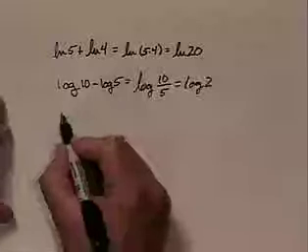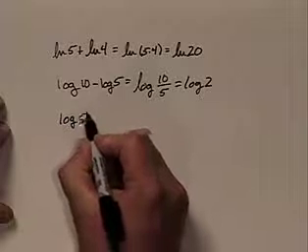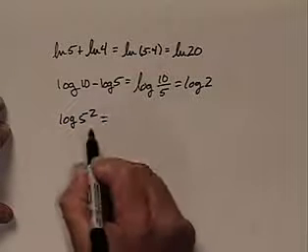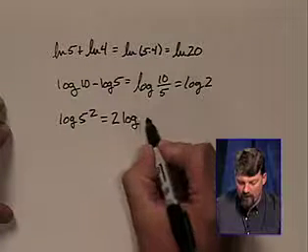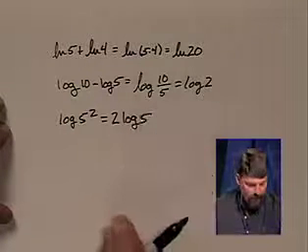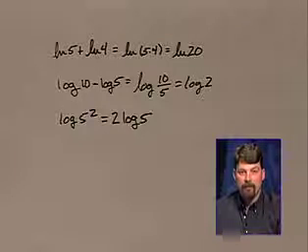Well, let's see if we can show symbolically that they're equal as well using the properties of logarithms. We'll take the log of 5 squared. Now, one of our properties said we could bring this exponent out in front, which would give us 2 times the log of 5. So again, we can show symbolically that these two expressions are equal.